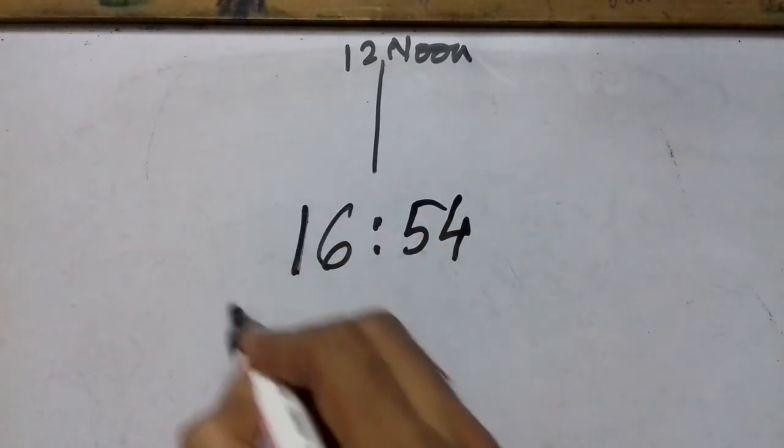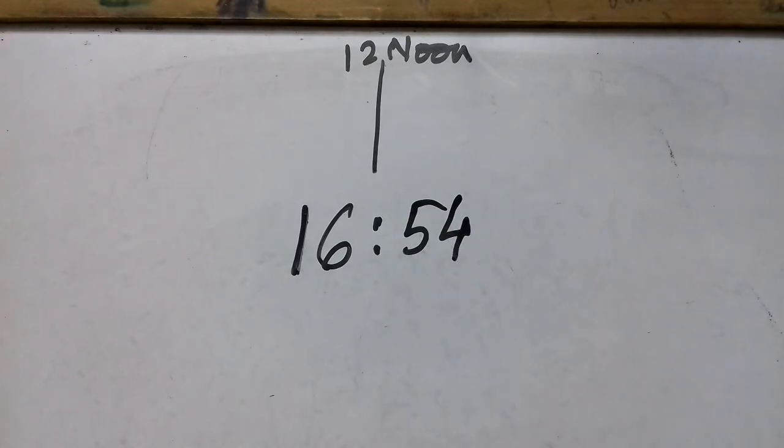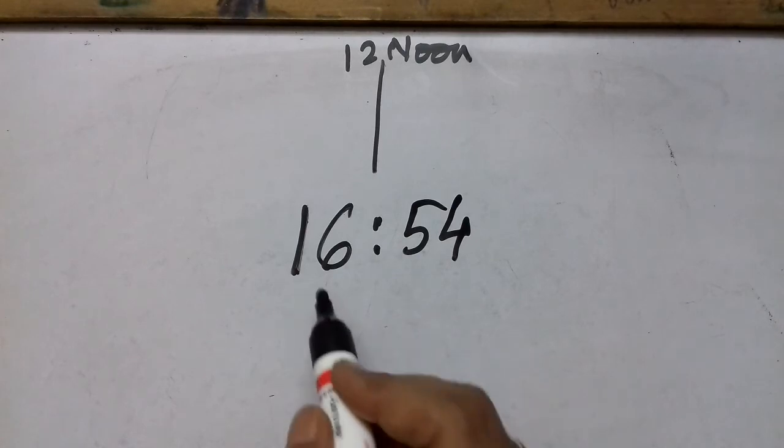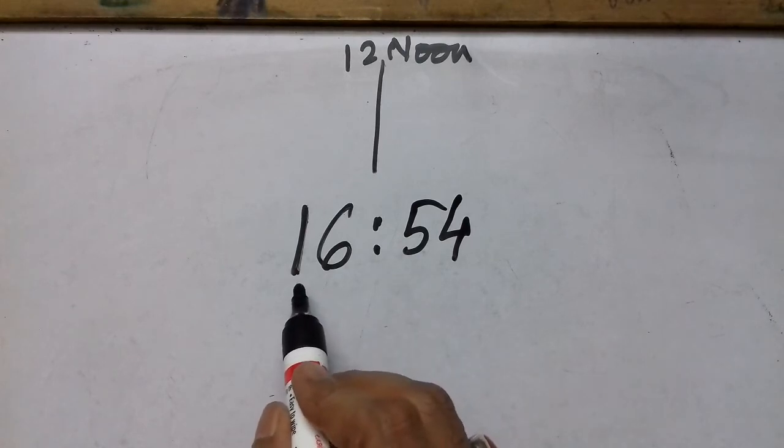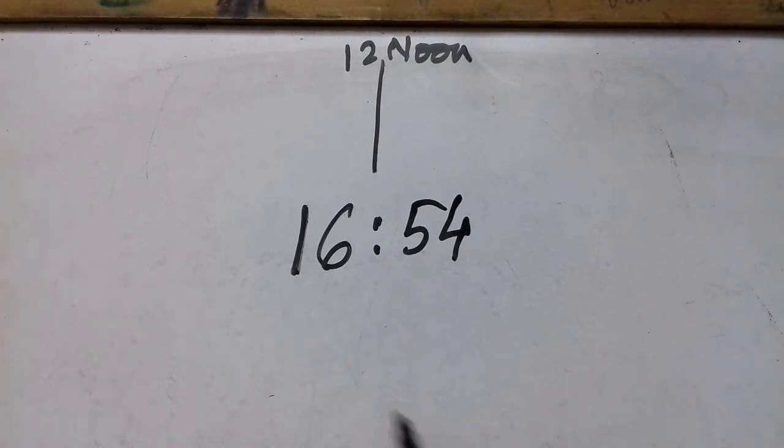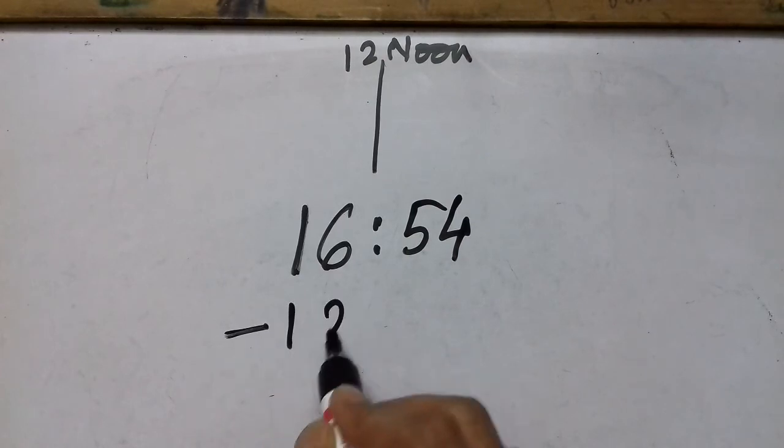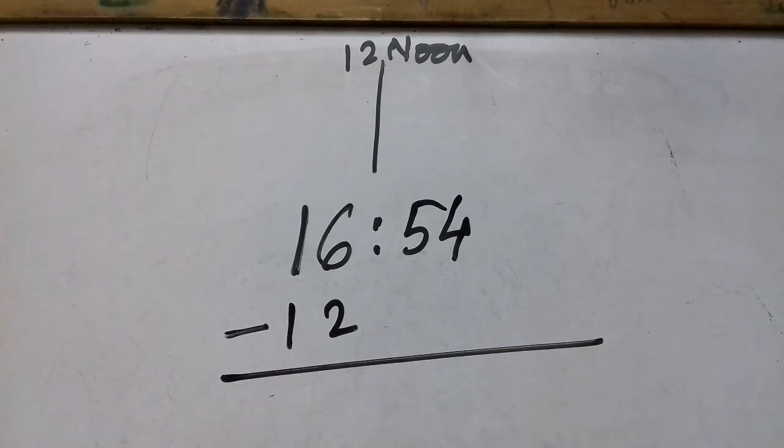So it is afternoon, and we are not very much habituated to tell the time like this, 16:54. Then what to do? Simply we will subtract 12 from it to get our known format. This is 4:54, 4:54 in the afternoon.